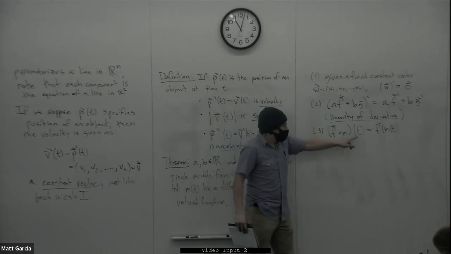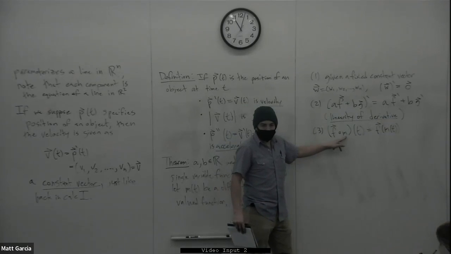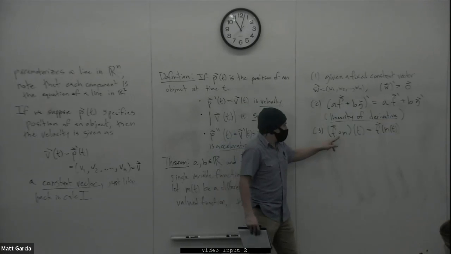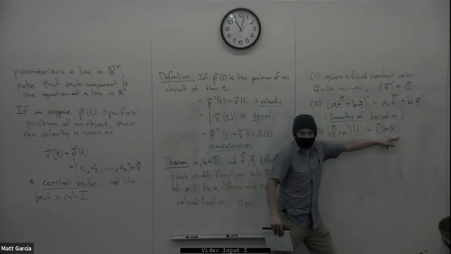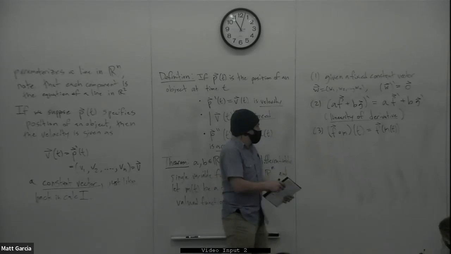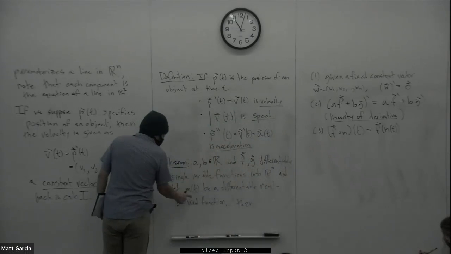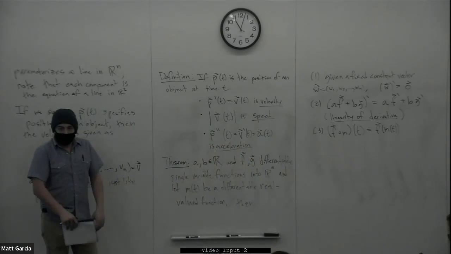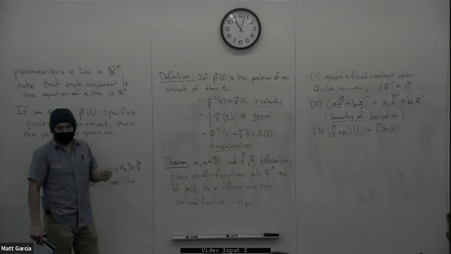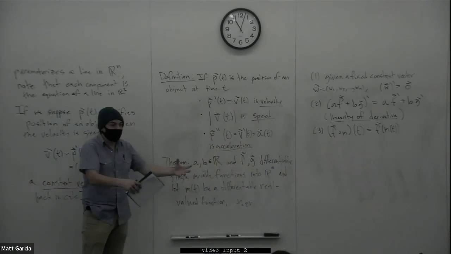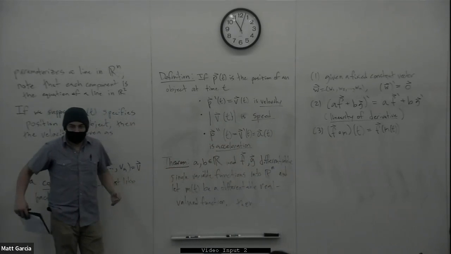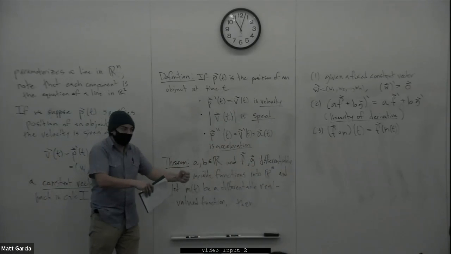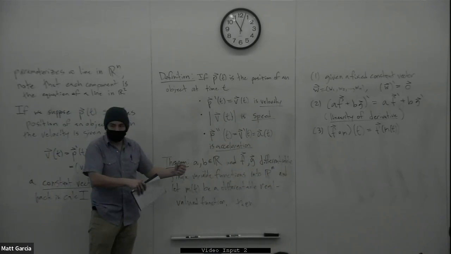This means I take t, I make m operate on t, and then I make f operate on m of t. Which is sensible, because m of t is a real valued function. So I put some arbitrary real number t into m, I get a real number out. That output can be the input of f hat.